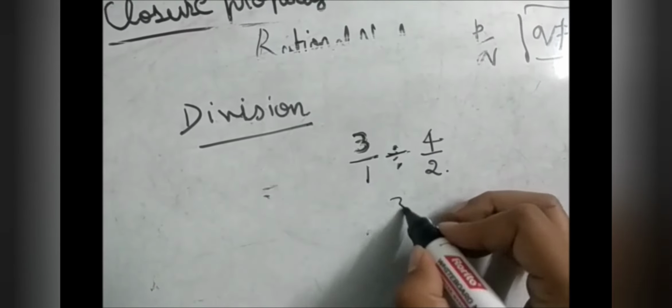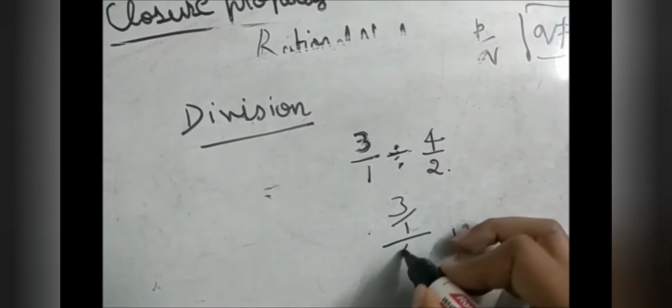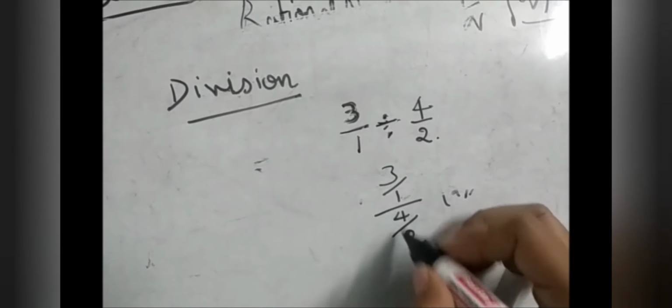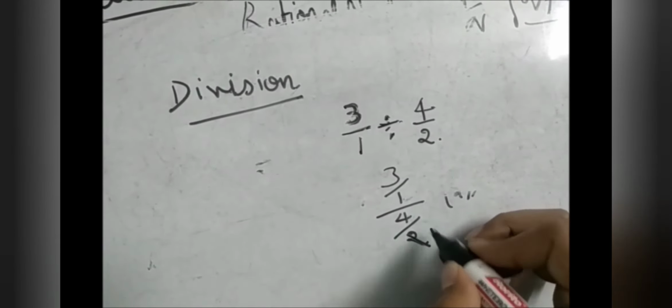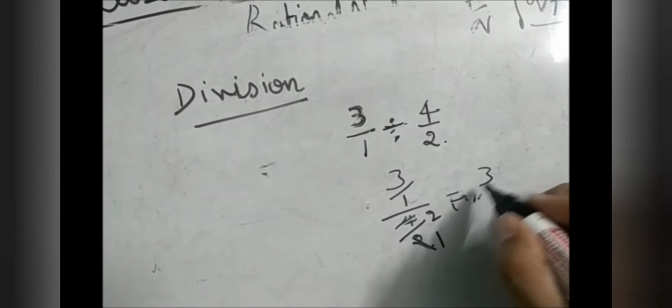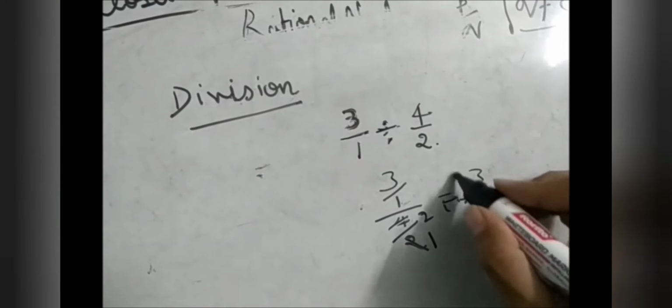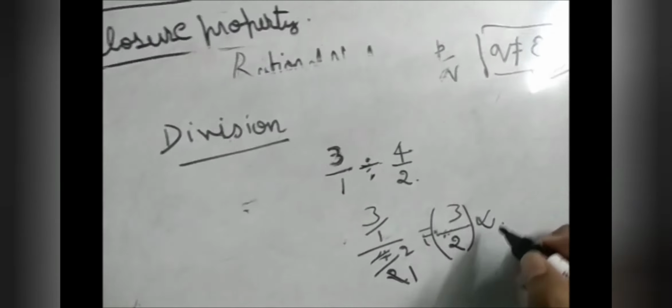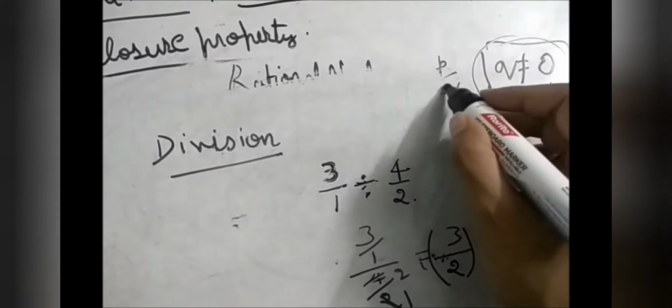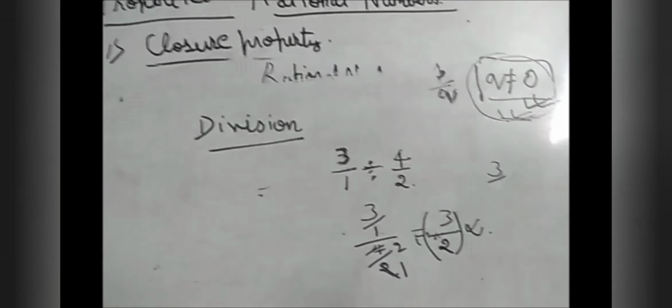We can see that this can be simplified. 2 ones are 2, 2 twos are 4, and it can be written as 3 divided by 2, which is a rational number. But we know that this is the most important condition for a number to be a rational number.